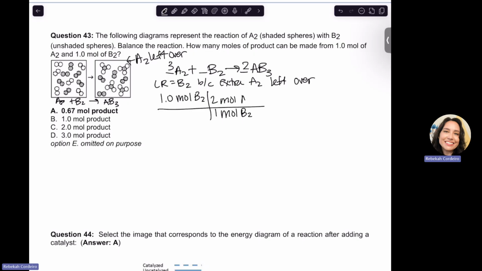I can make 2 moles of AB3. So why is this wrong? Unshaded spheres, shaded spheres. It should be 2 moles of products.